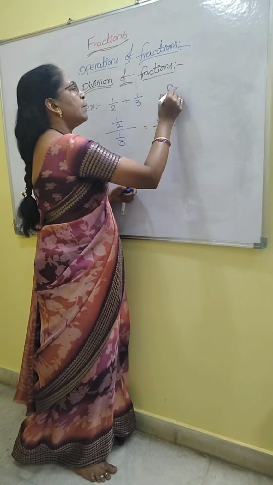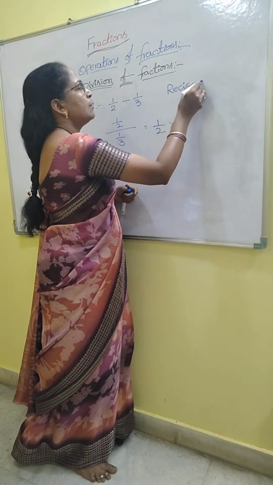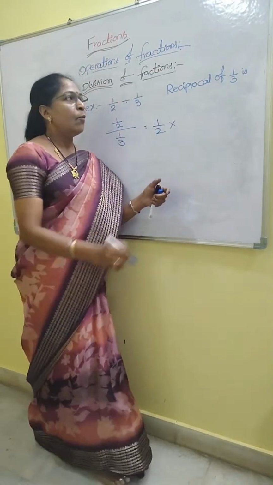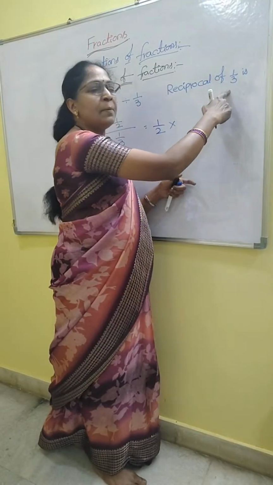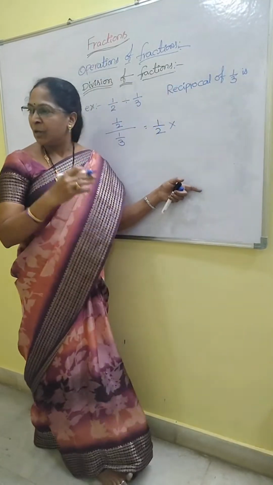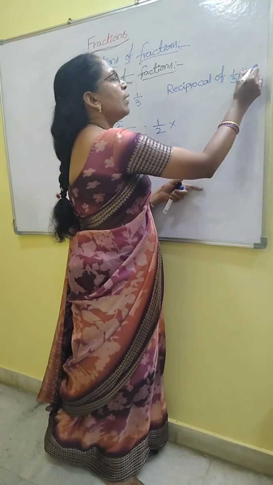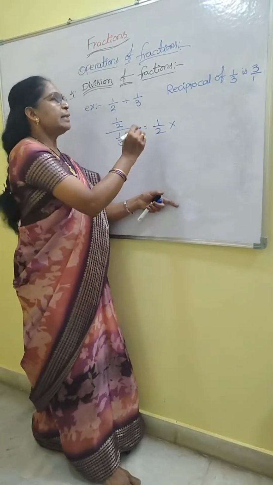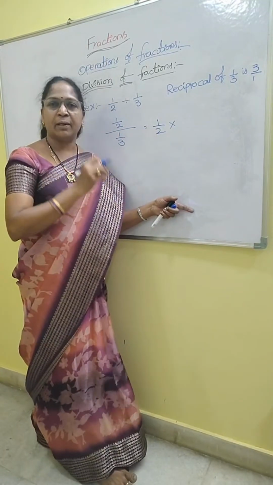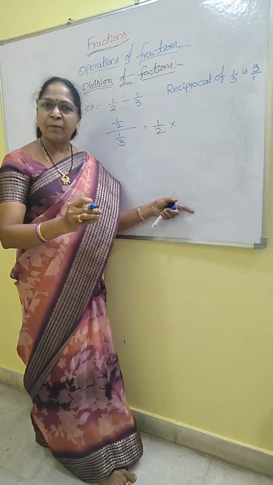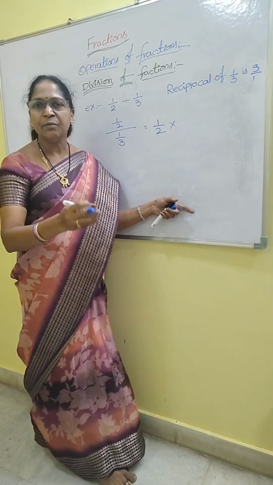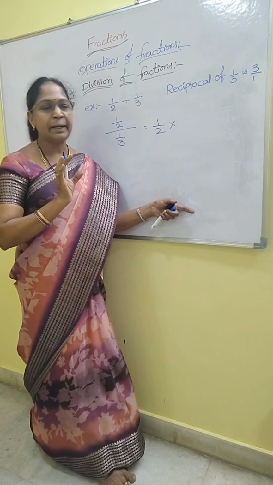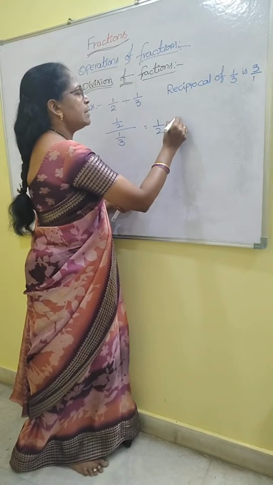The numerator becomes the denominator and the denominator becomes the numerator. 1 by 3 becomes 3 by 1. 3 by 1 is nothing but 3. Why? Because any number divided by 1 gives the same number. That also I have to remember. So, let us write it faster here, 3 by 1.